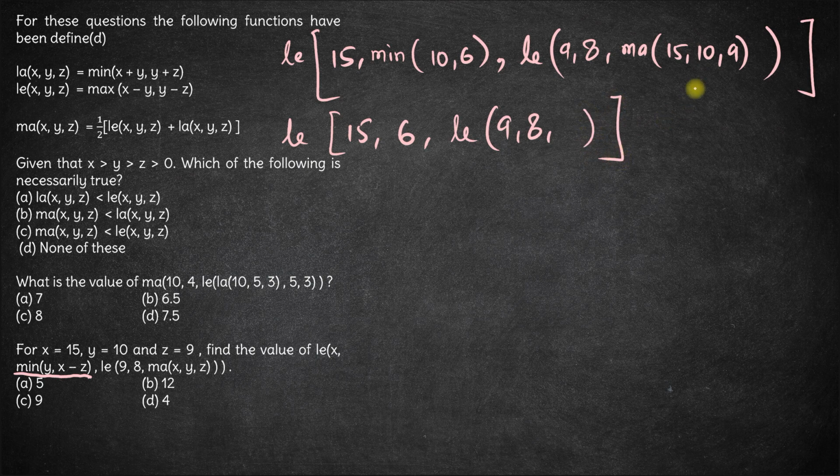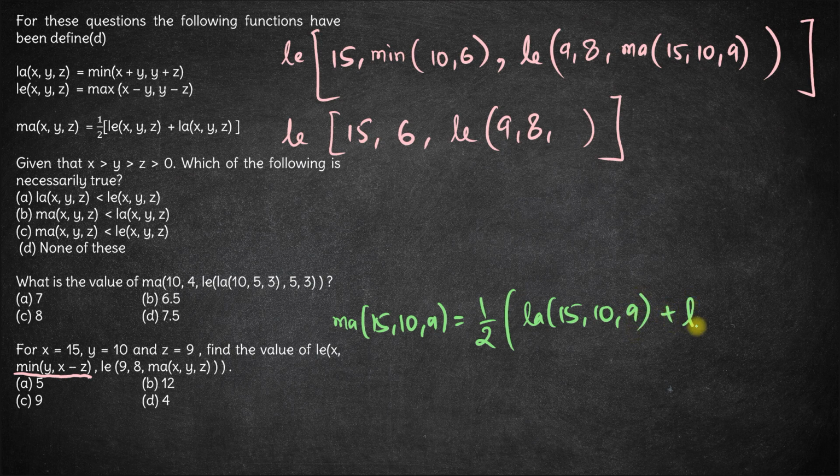Okay. Now let's simplify this MA first of all. MA 15, 10 and 9 is effectively half of LA 15, 10 and 9 plus LE 15, 10 and 9. Okay.